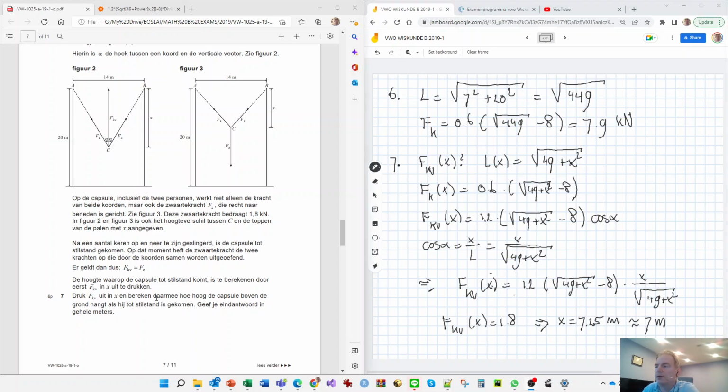And what they will actually want is the height above ground level, so there will be 20 meters. 20 minus 7 is 13 meter.